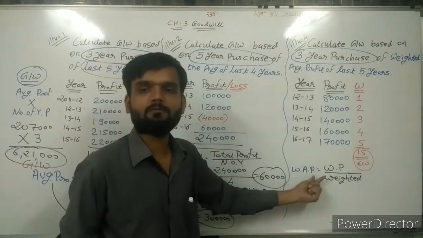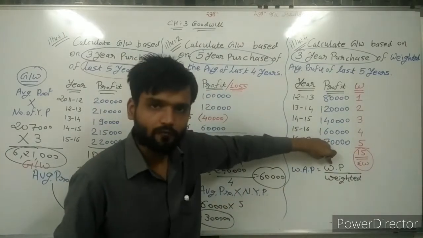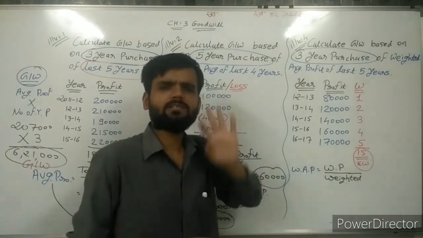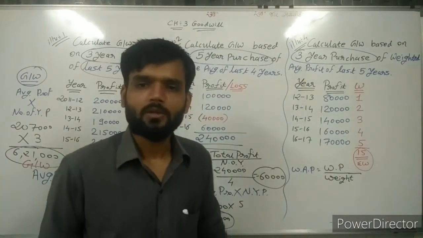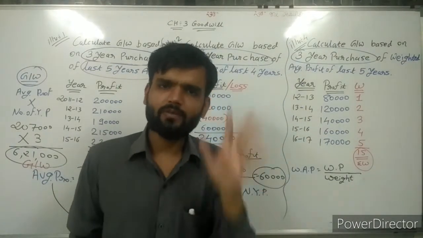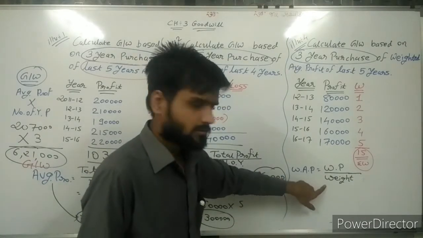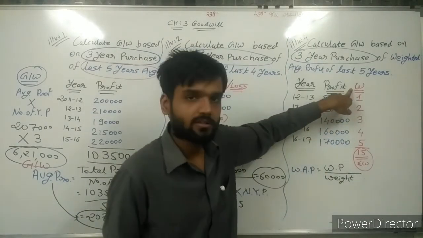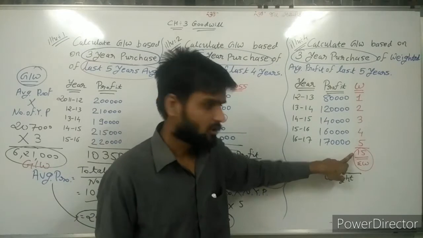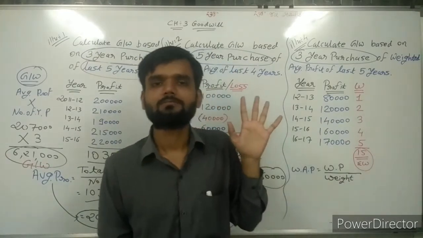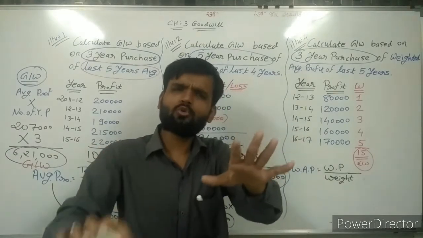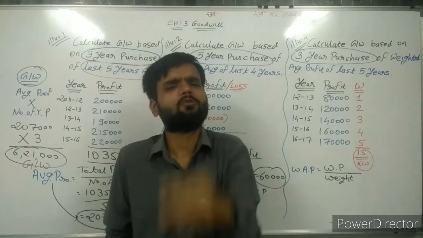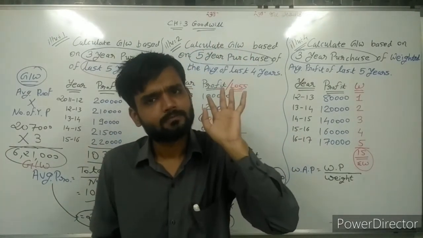Weighted average profit is equal to weighted profit divided by weight. The total of weight is 15, so divide by 15, fixed. And always you need to give weight 1, 2, 3, 4, 5, 6, 7, 8, whatever years are given.